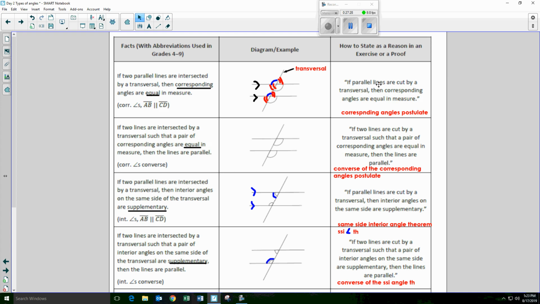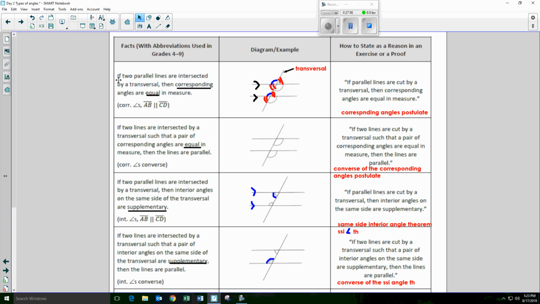Remember, that's how it's going to be on the park. They'll write the whole definition out on the park. But in class, on a quiz or a test, you can name it by the postulate or theorem, or you can write out the whole definition, summarizing it. You need to know both, because I might say in class for extra credit, what's the name of that? At least memorize the definition, because that's how it's always going to be on the park.